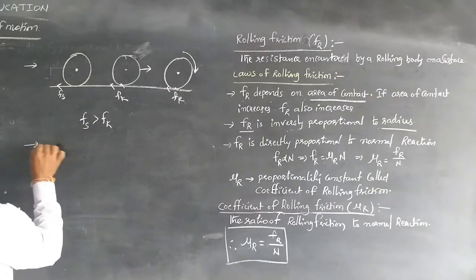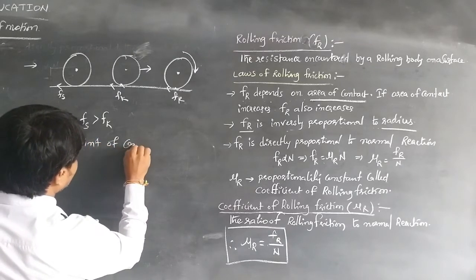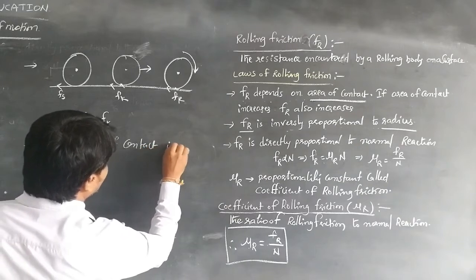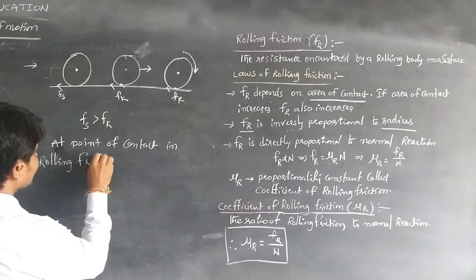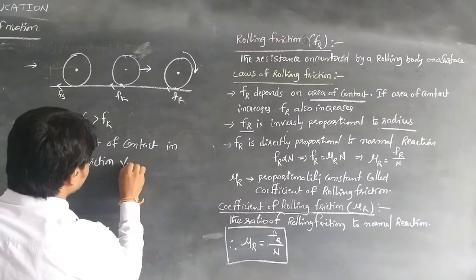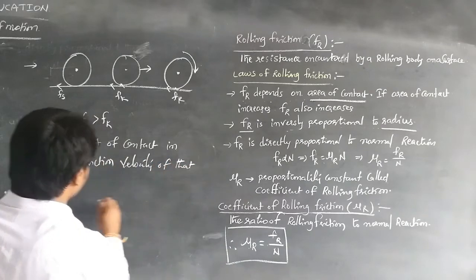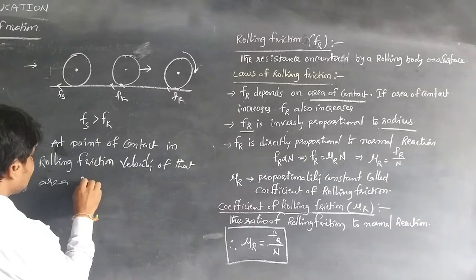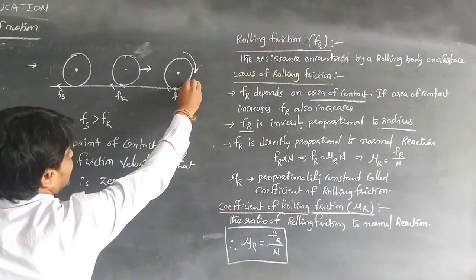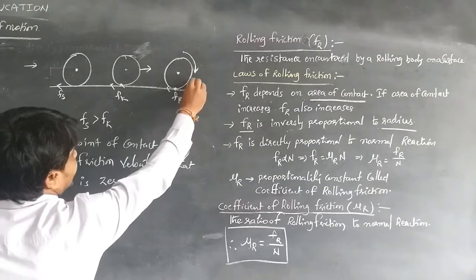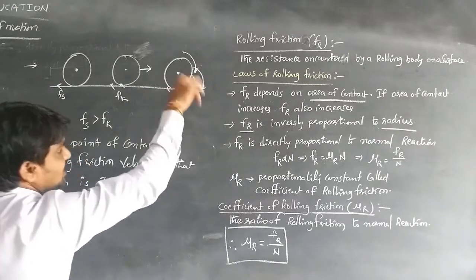The particle at the point of contact in rolling friction, the velocity of that area is 0, because another area comes into play whenever the body is rolling.